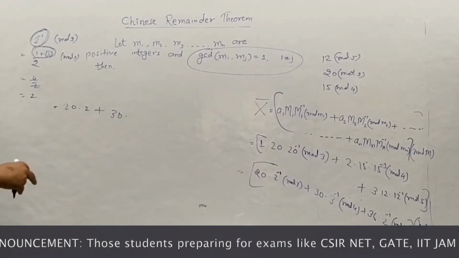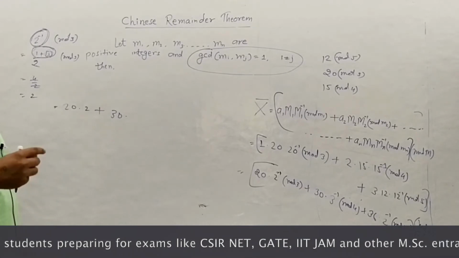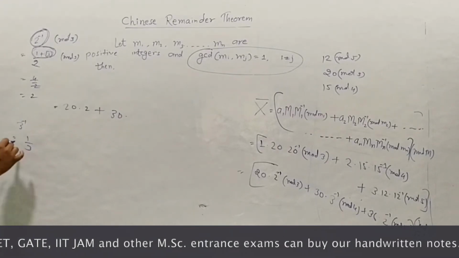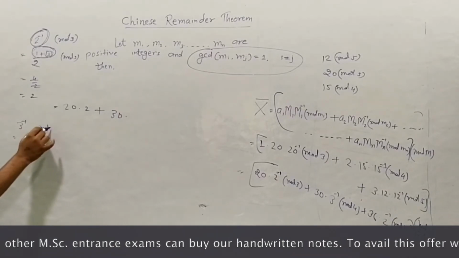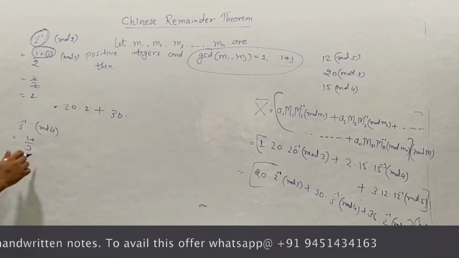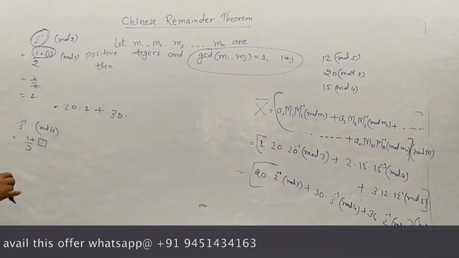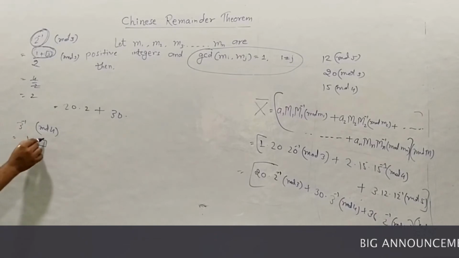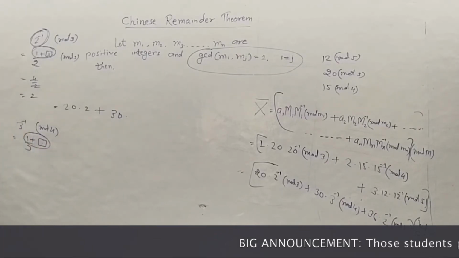Now how can we find 3 inverse in modulo 4? 3 inverse, that is 1 by 3, we have to find over modulo 4. So add in the numerator some multiples of 4, either 4 times 1, that is 4, or 4 times 2, that is 8, or 12, or 16, such that the whole term can be divisible by 3.